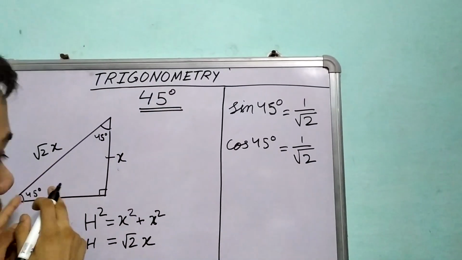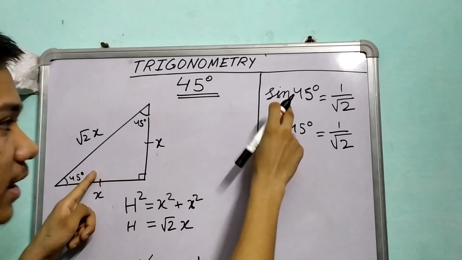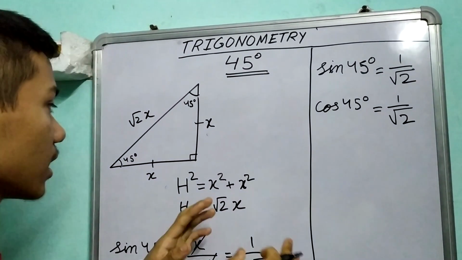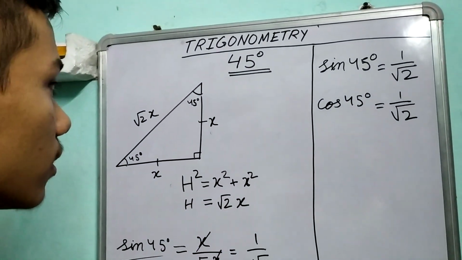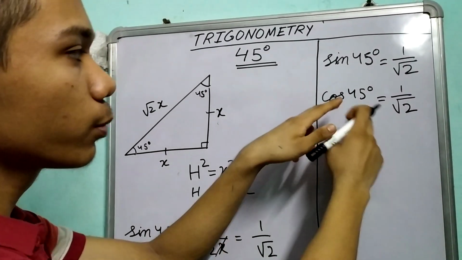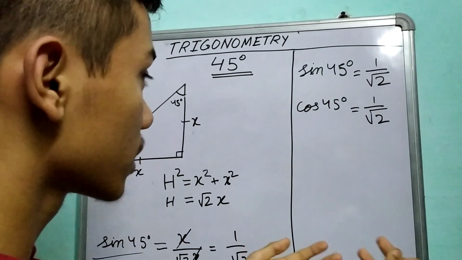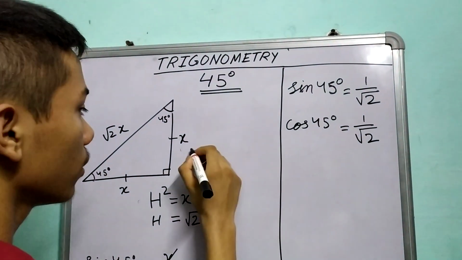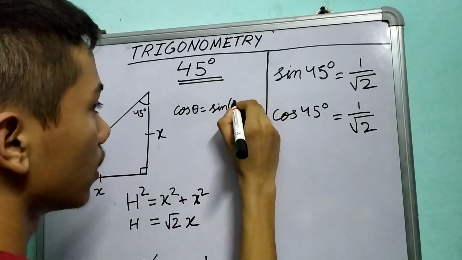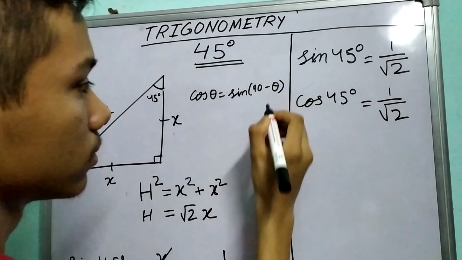Now notice for 45 degrees, sin 45 and cos 45 are equal. This is an important thing, and remember we have learned cofunctions, right? So we can also prove this using our cofunctions properties. We know that cos of theta is equal to sine of 90 minus theta.